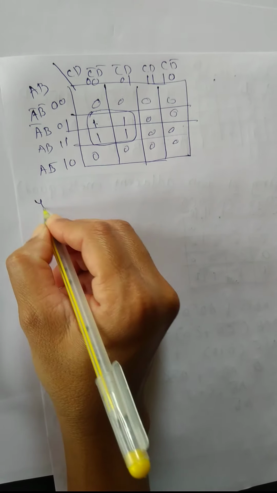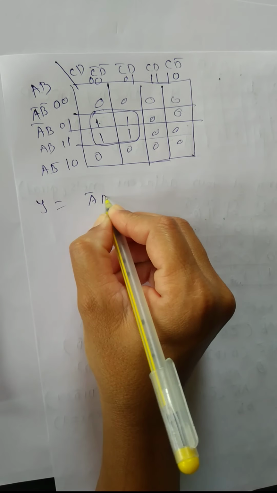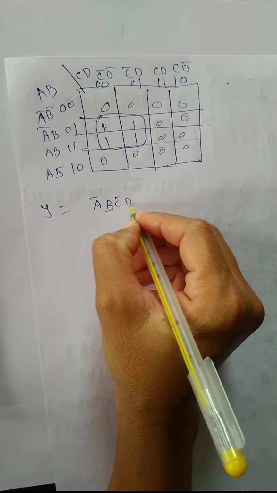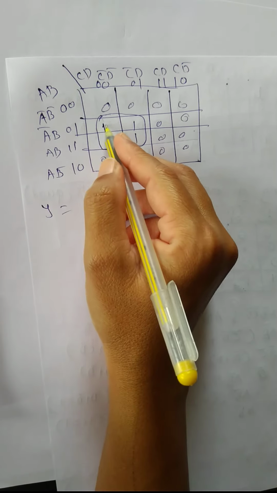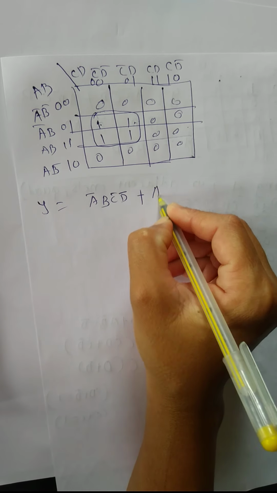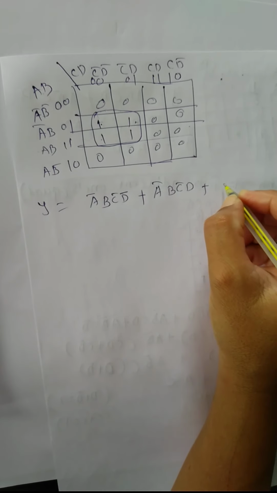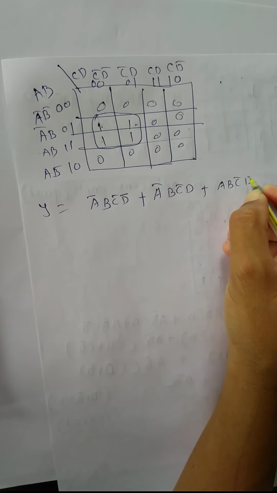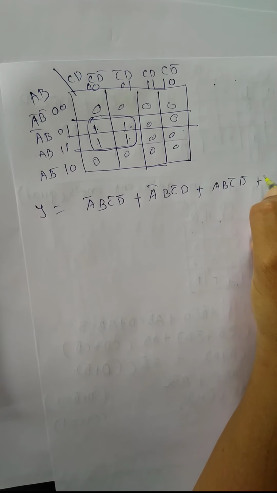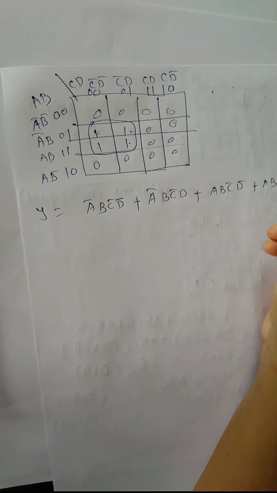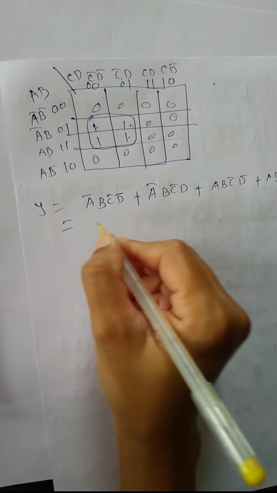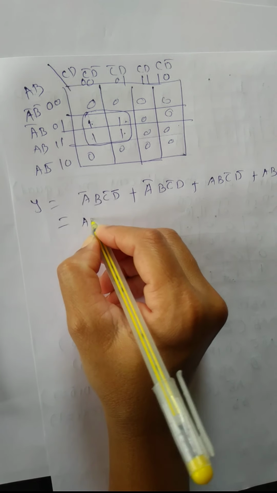For this one, Y is A bar B C bar D bar. Then for this one, A bar B C bar D. For this one, A B C bar D bar. For this one, A B C bar D. So you have to find the same and common terms.